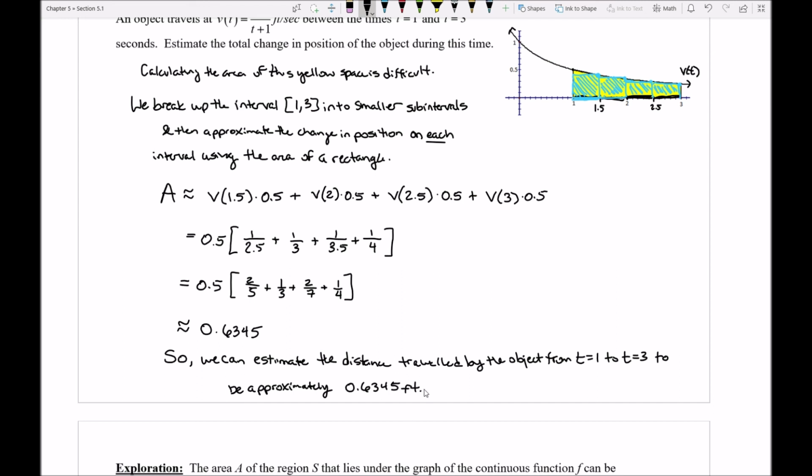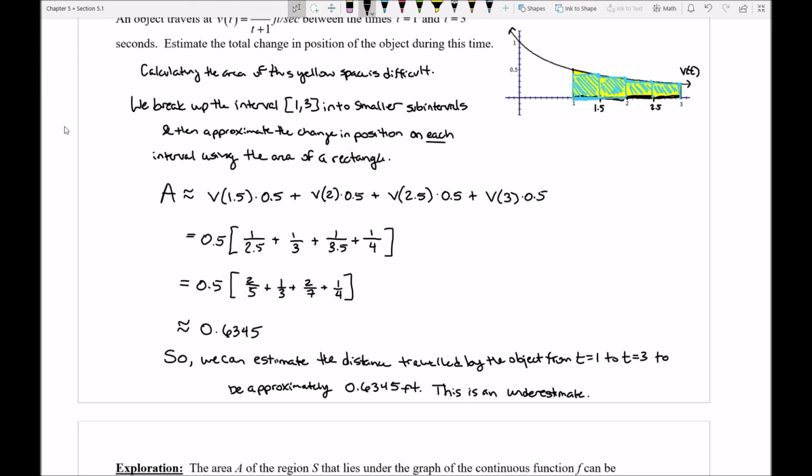And we can also see, based on what we have in the picture, that this is an underestimate. We know that the real area is going to be a little bit more than this because there was some yellow space that we didn't ultimately grab.